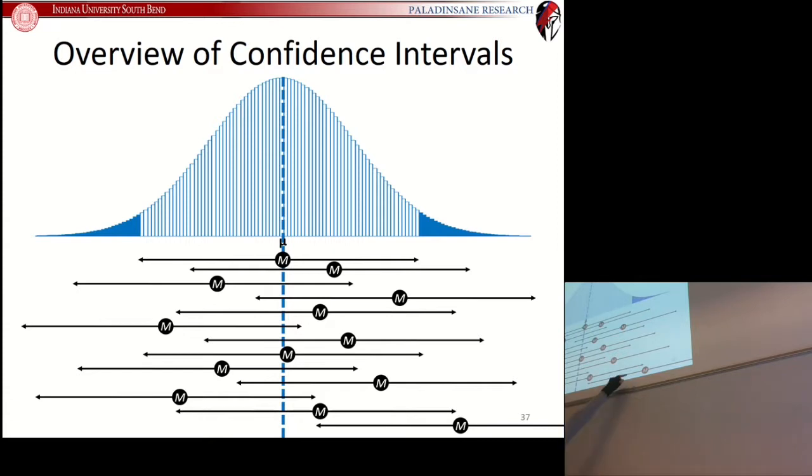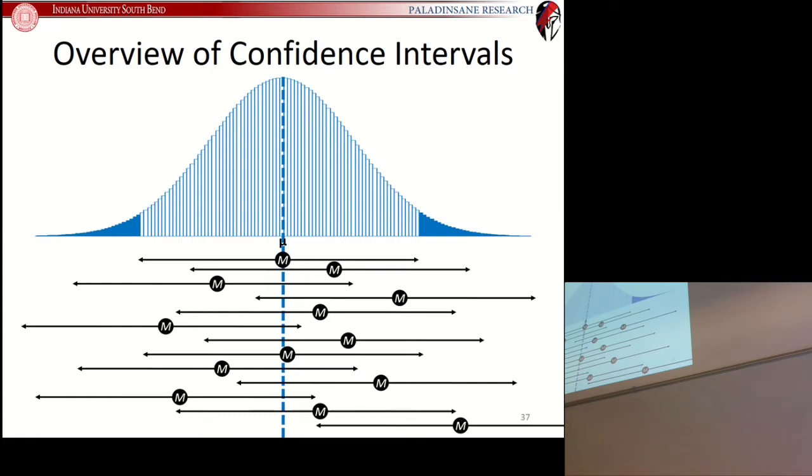Well, if your sample is this extreme, and again, we don't know where our sample comes from in this distribution, but if this is where our sample mean was, notice that this is the first time that we've missed. This population mean does not fall within the interval that we've estimated. This is the first time that the population is not inside this range here that we've estimated.